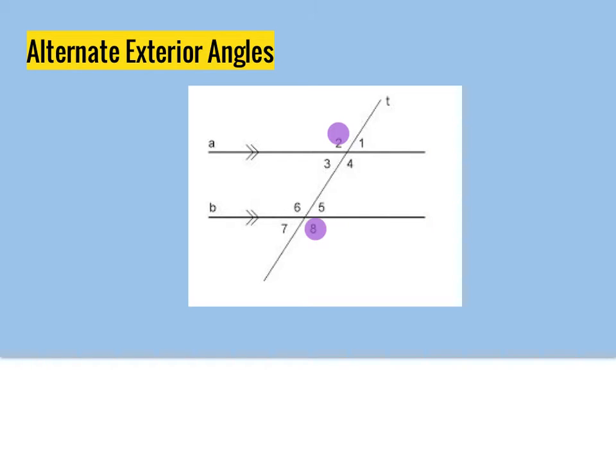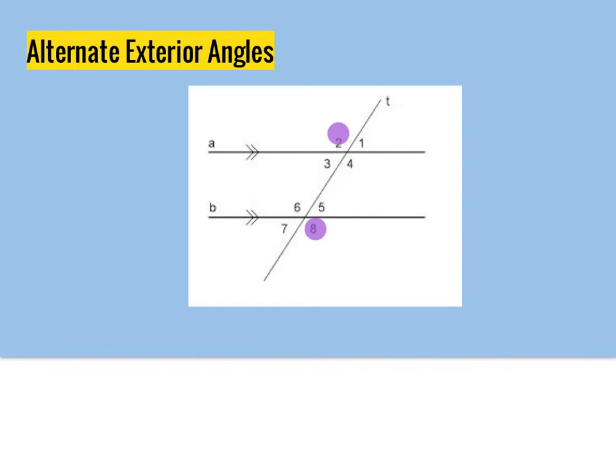So if you could imagine splitting my diagram in half and rotating the bottom 5, 6, 7, 8, placing it directly on top of the 1, 2, 3, 4, you would see that 2 and 8 would be one on top of the other and exactly equal to each other.